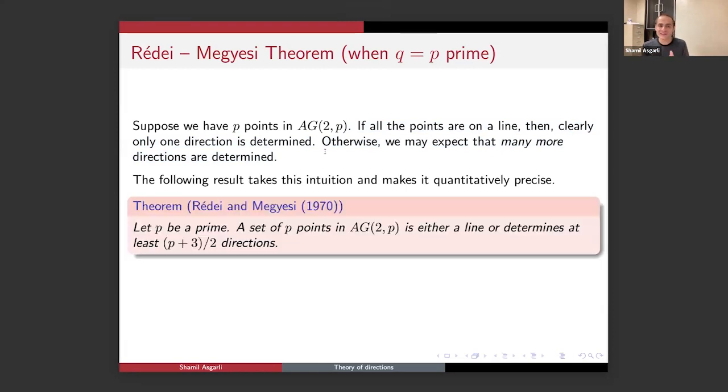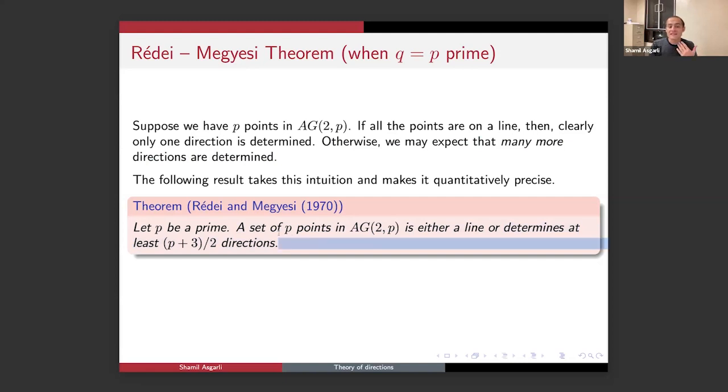Here's what the result says. Suppose p is a prime, and you take a set of p points in AG(2,p). Then either those points form a line, or they determine at least (p+3)/2 directions.